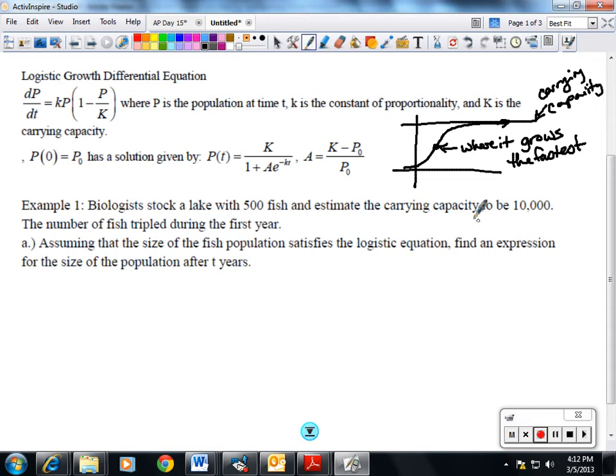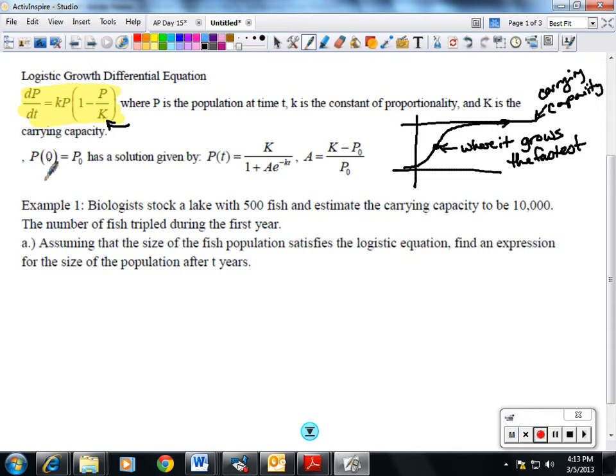And it's generally in this form on the AP test. The carrying capacity is often the number that will make this part go to 0.